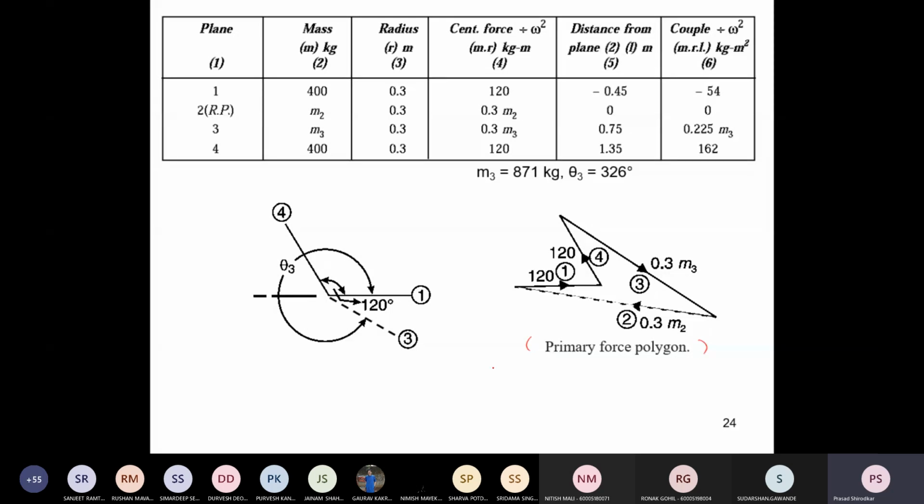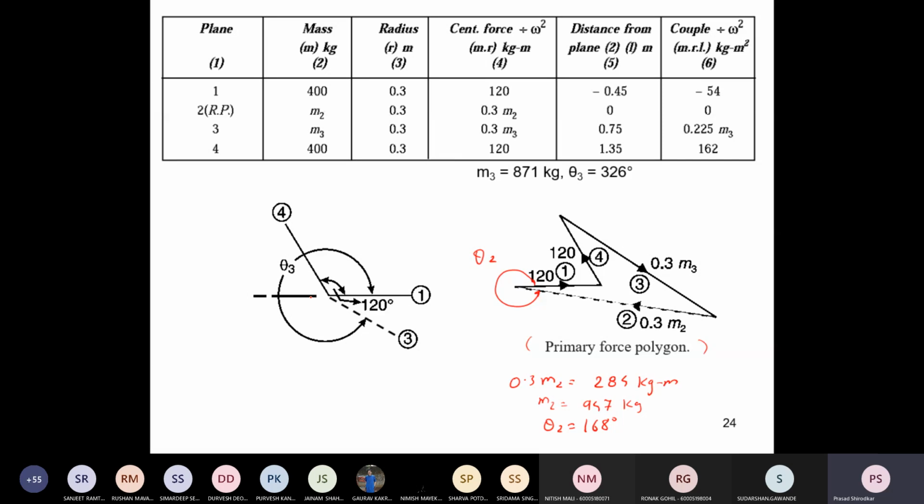And so 0.3 M2 comes out to be 284 kg meter, and M2 comes out to be 947 kg, and theta 2, that is this angle, theta 2, comes out to be 168 degrees.